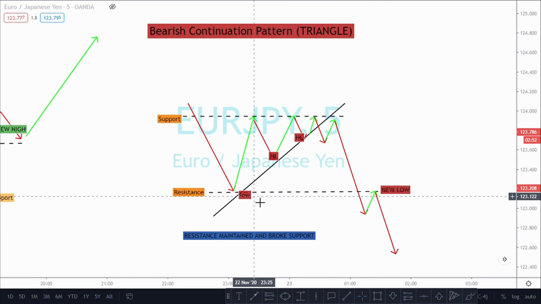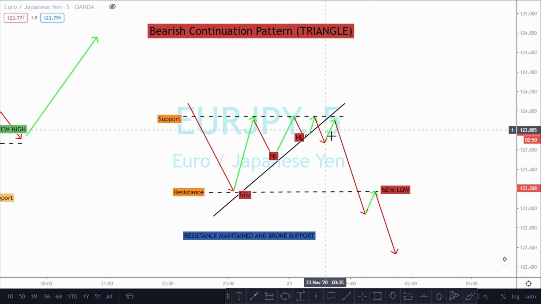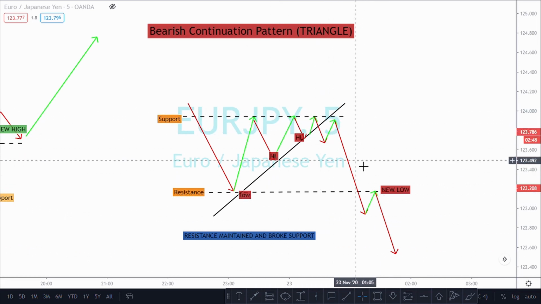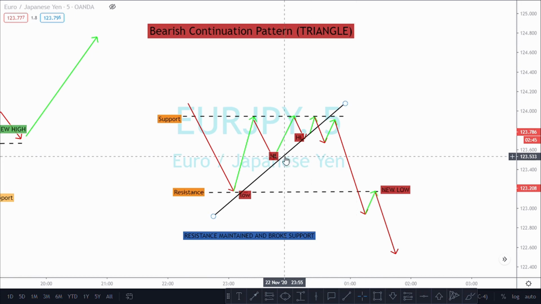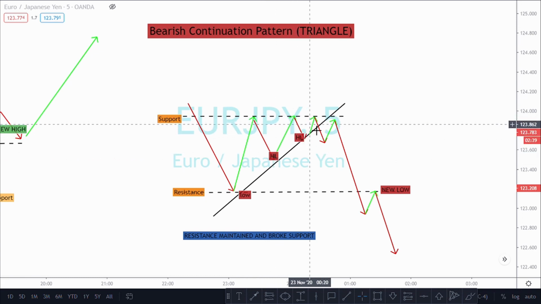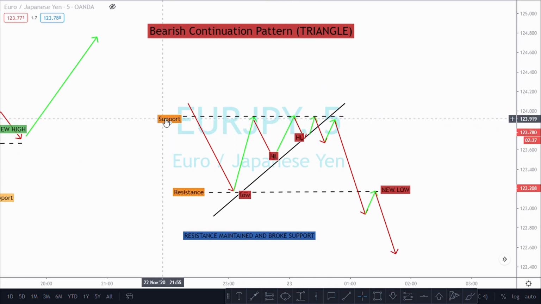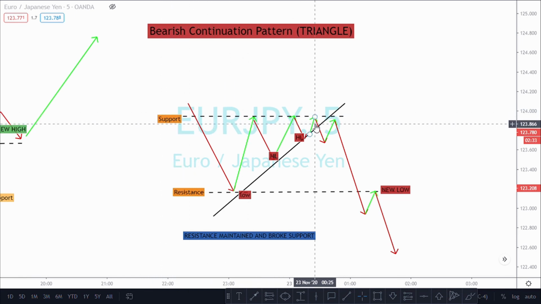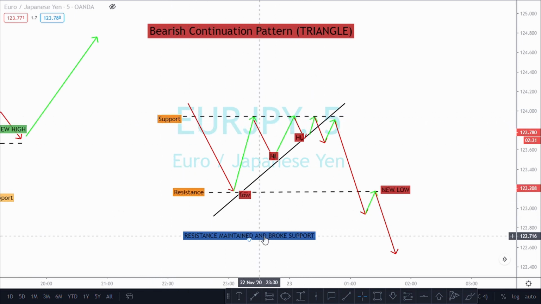So a quick way to spot it: if you see it go up and then you see it drop, you know that's a good-looking one right there. Each time it has a shorter range of motion going up, but it still respects the support until it just drops.